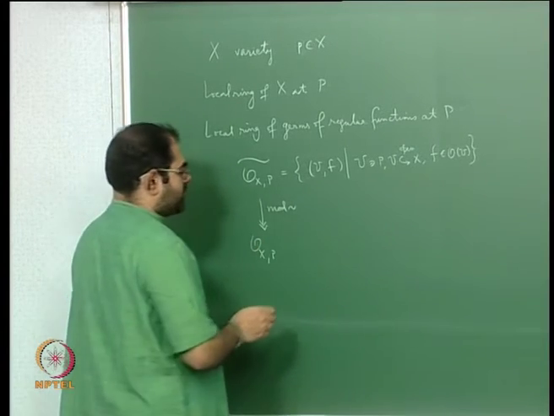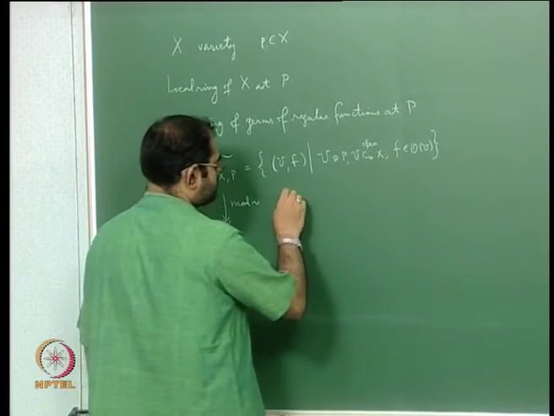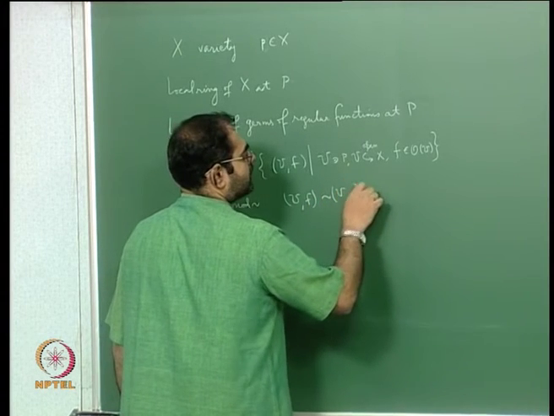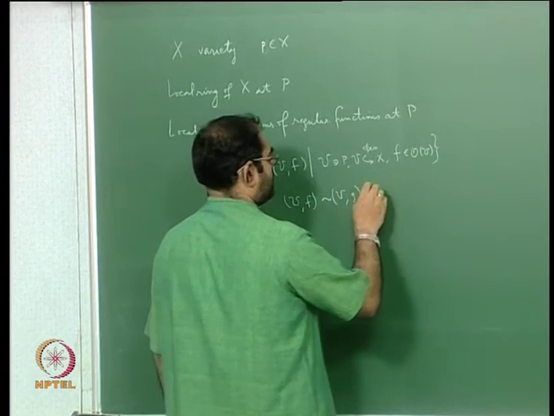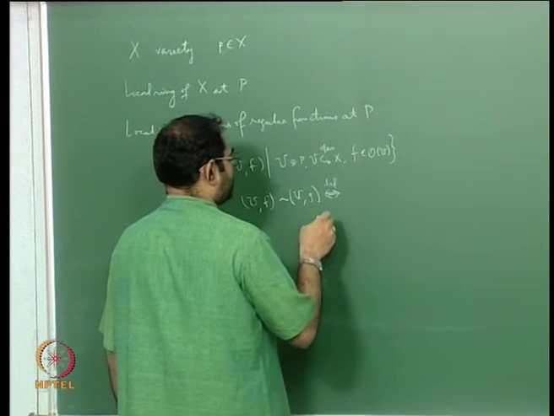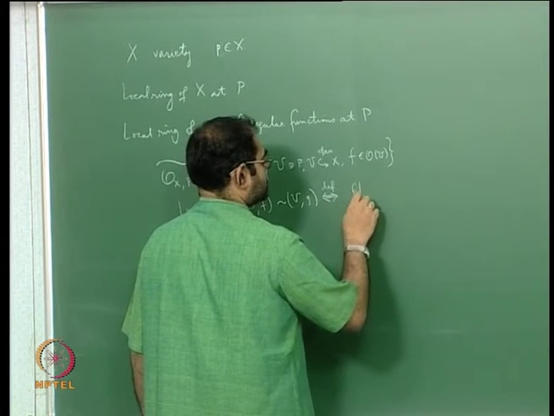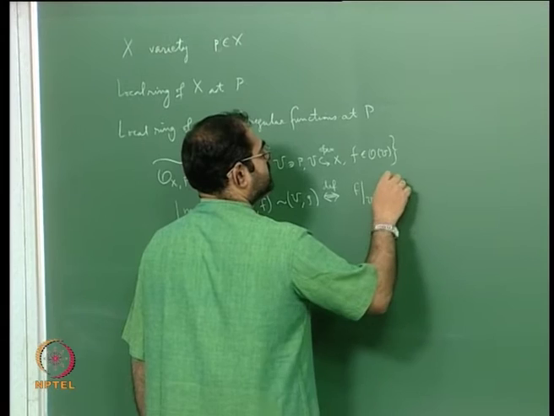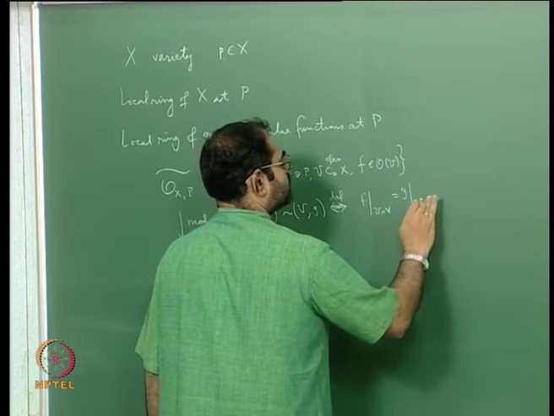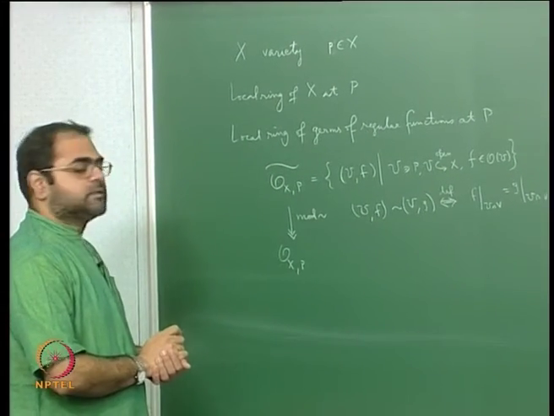And what is this equivalence relation? The equivalence relation is: (U, f) is equivalent to (V, g) if and only if, by definition, f restricted to U intersection V is equal to g restricted to U intersection V. So this is an equivalence relation.